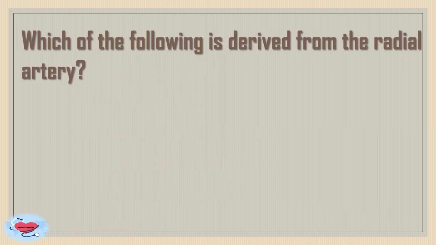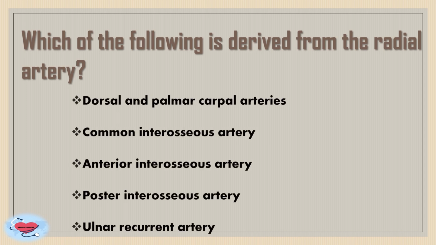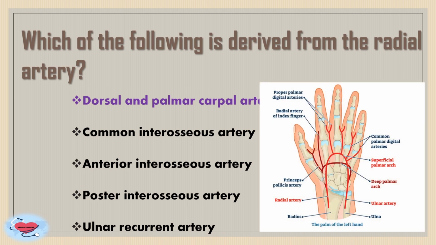And the last question. Which of the following is derived from the radial artery? Options are dorsal and palmar carpal arteries, common interosseous artery, anterior interosseous artery, posterior interosseous artery, ulnar recurrent artery. Answer will be cleared by seeing this image.